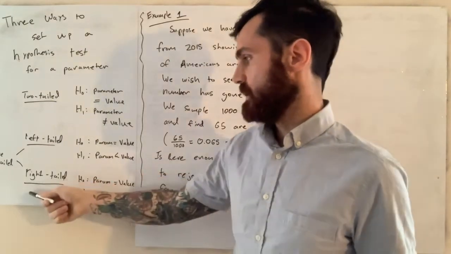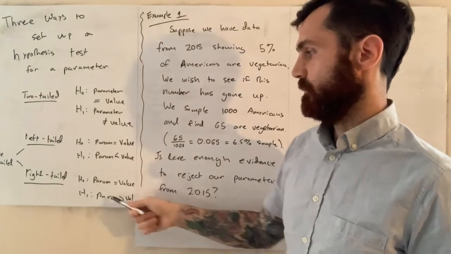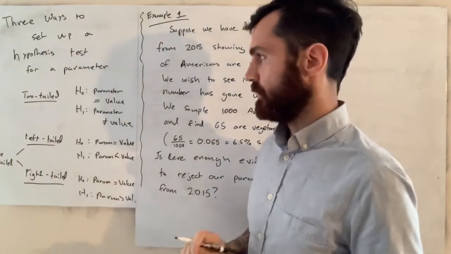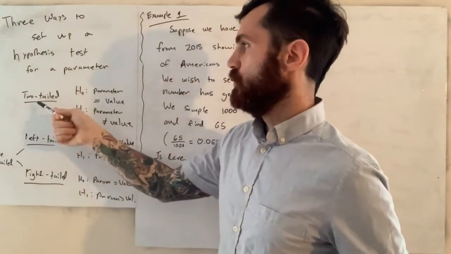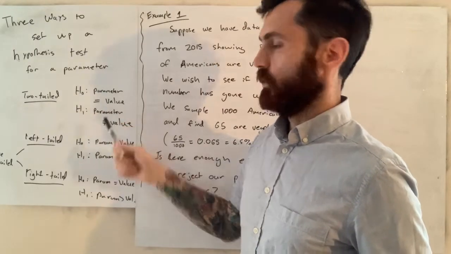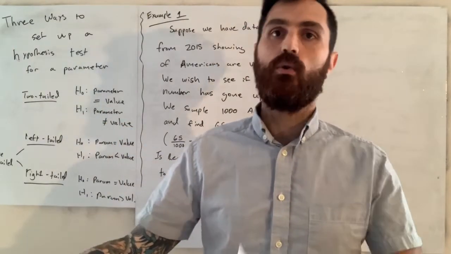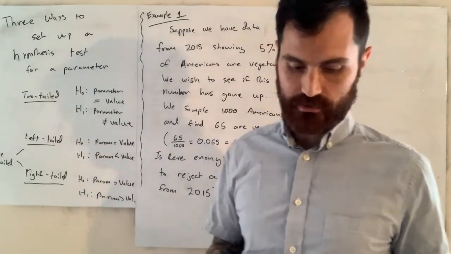Or you have right-tailed, which is going to be that the parameter is to the right of the value for your alternative hypothesis. So again, keep in mind that the two-tailed just means that your parameter could be either to the right or to the left. That's your alternative hypothesis.